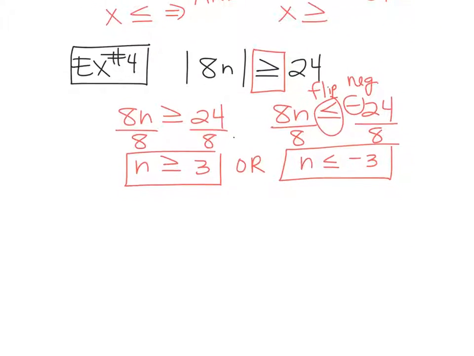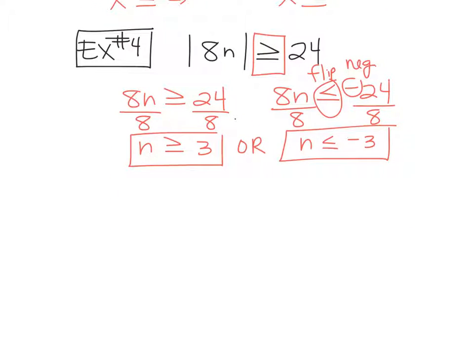So if this is our setup, when we go to graph it, you have a 3 and a -3. Are these going to be open or closed dots? Why? Because it has the equal to underneath it, right? So that's closed. So you're going to do a closed dot here, closed dot here.